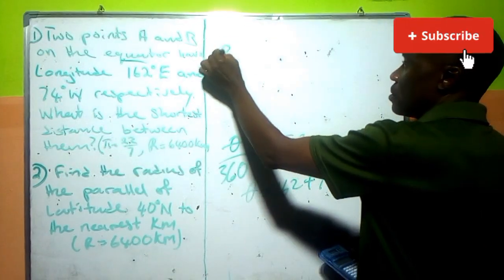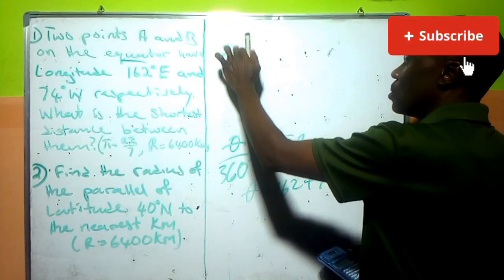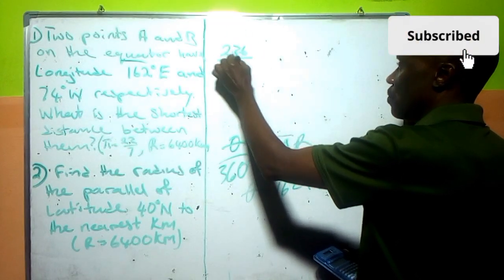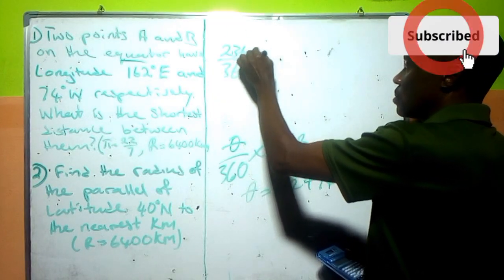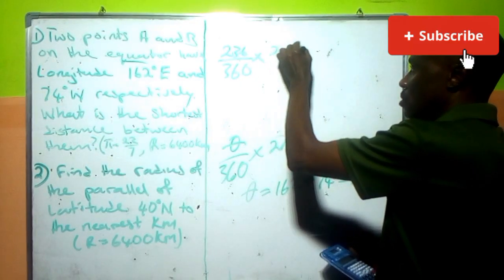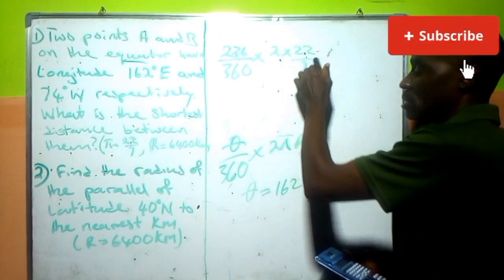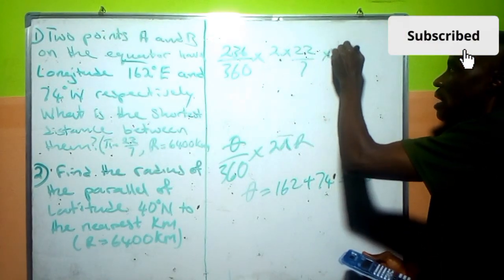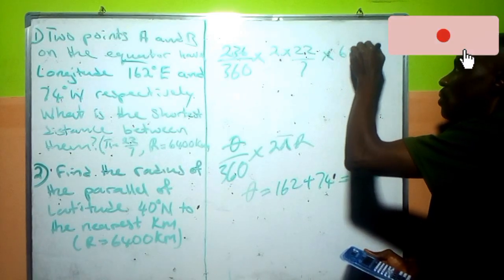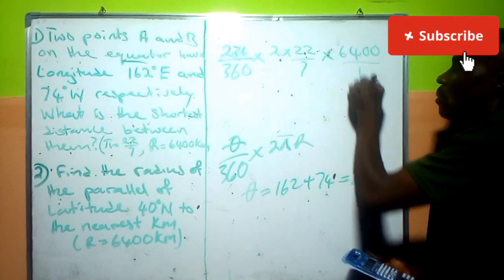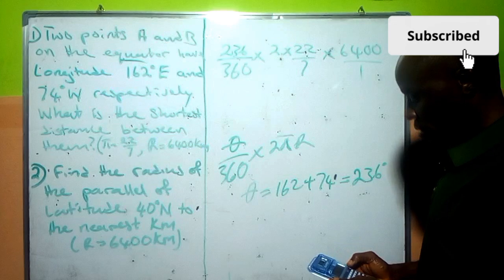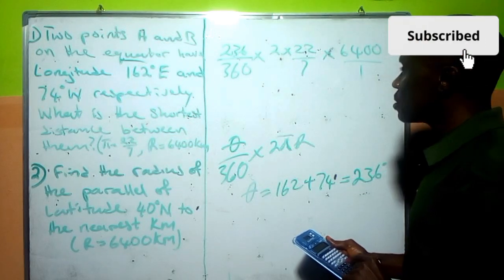Then we have 236 over 360 times 2 times 22/7, which is our pi, times r, which is 6400 over 1. So let's see what we get.